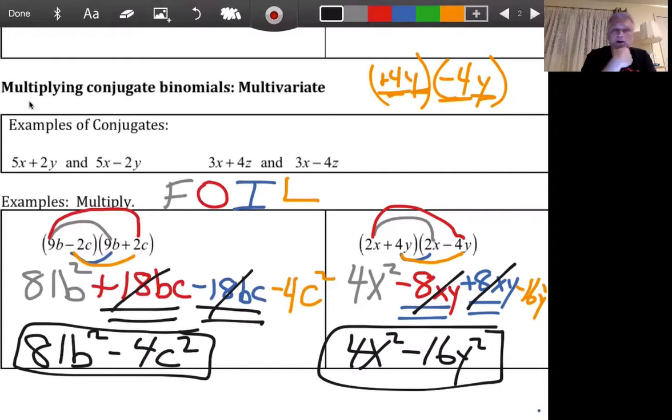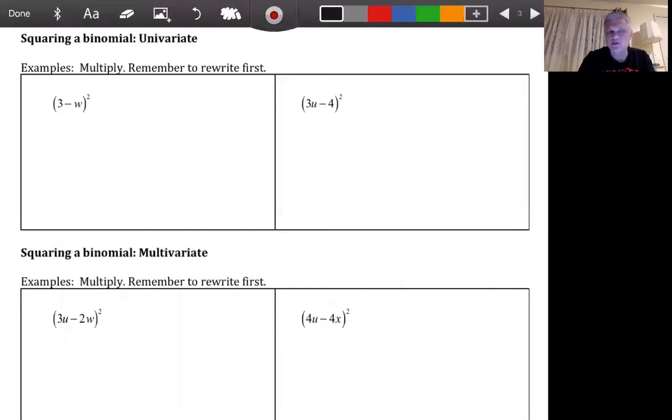So that is multiplying conjugate binomials with more than one variable, multivariate. Okay, let's flip the page. So with the conjugates, you start with the same number of terms in the question, but in the end, you end up canceling, so you actually have fewer terms in your answer. Well, now we're going to do just the opposite.